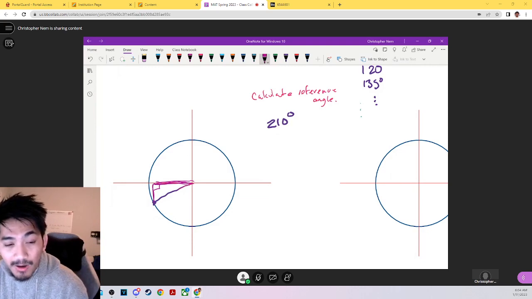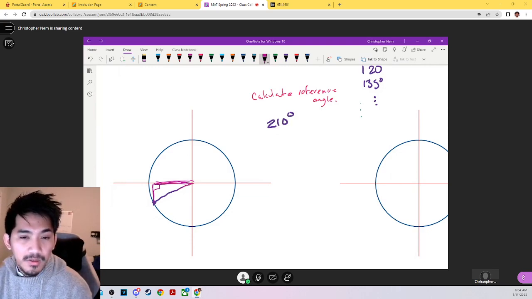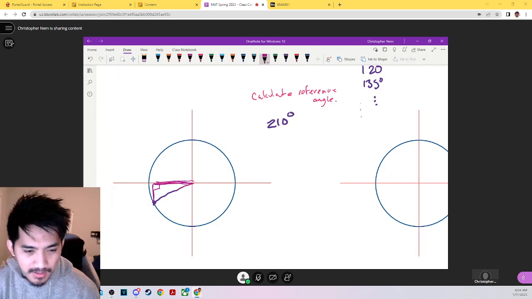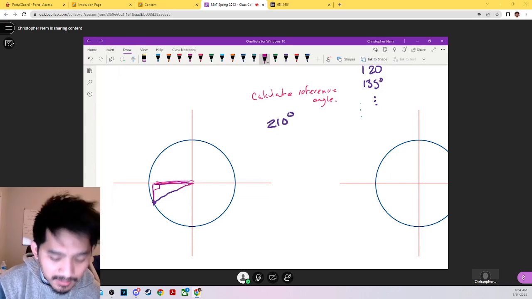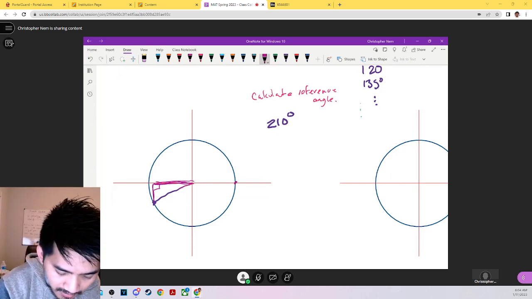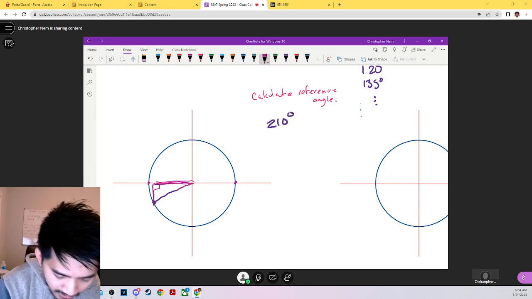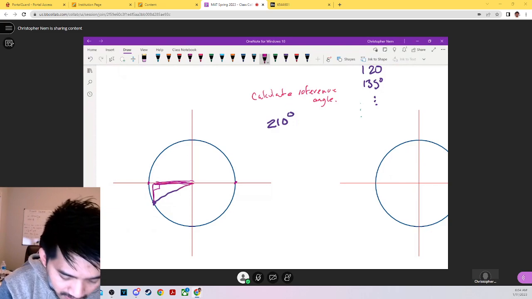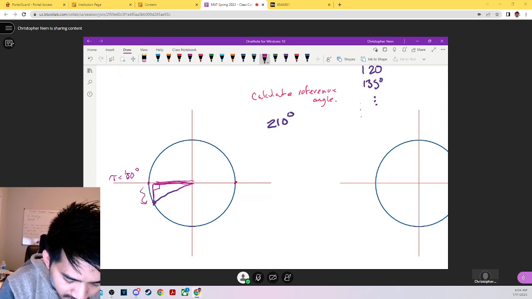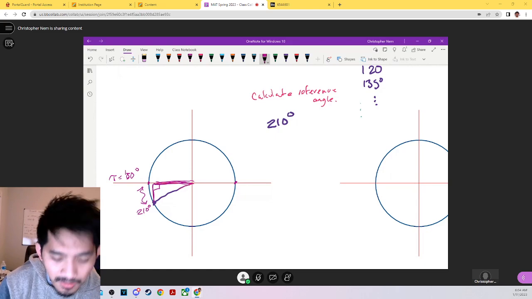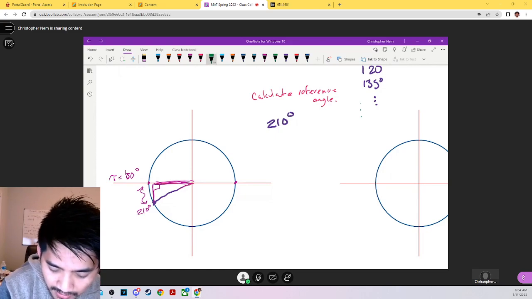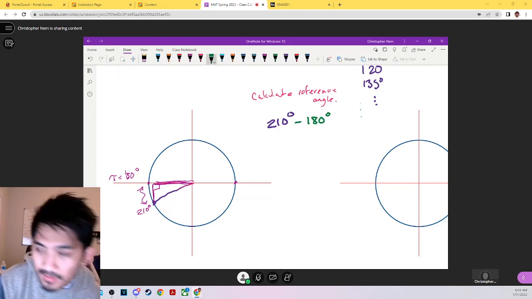And the way you can calculate that measurement, well, we see that this horizontal line from here all the way to here is 180 degrees. So if this is 180 degrees, or pi, which is equal to 180 degrees, I need to calculate from here. I know this is 210 degrees, so the way I can calculate that distance is 210 minus 180 degrees.